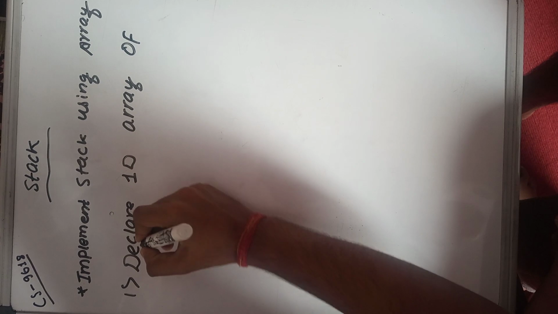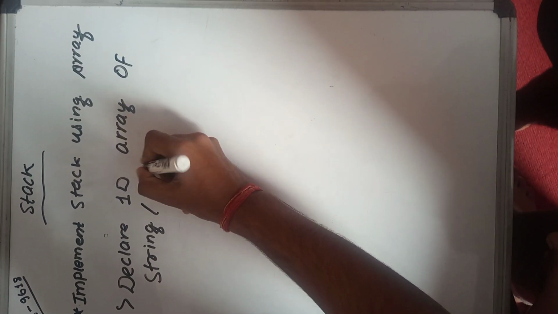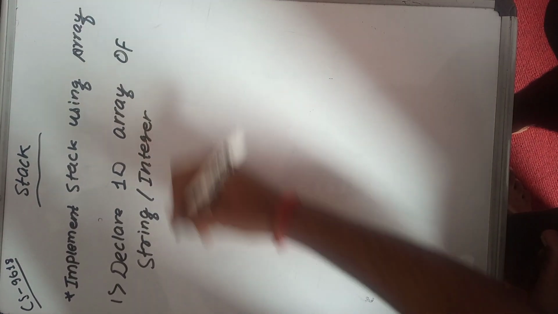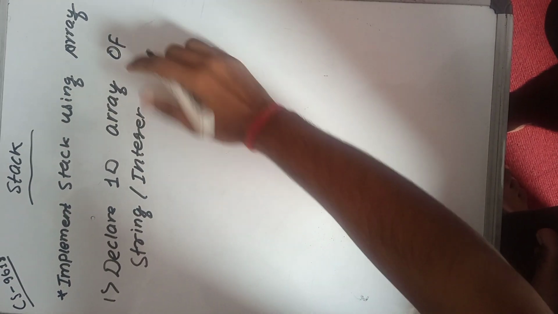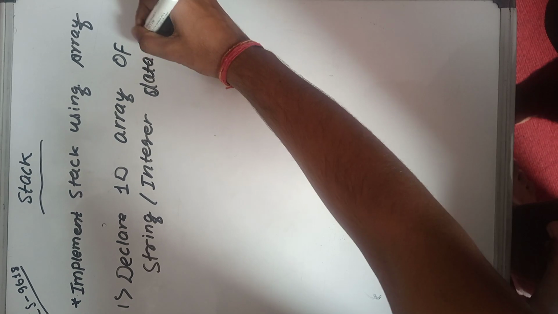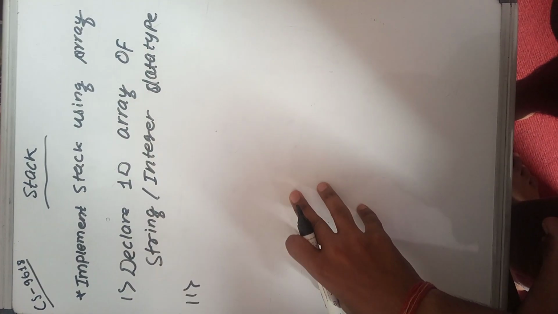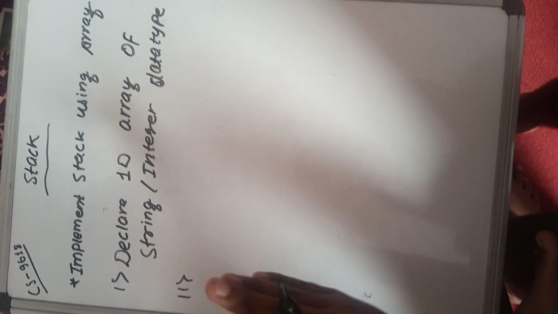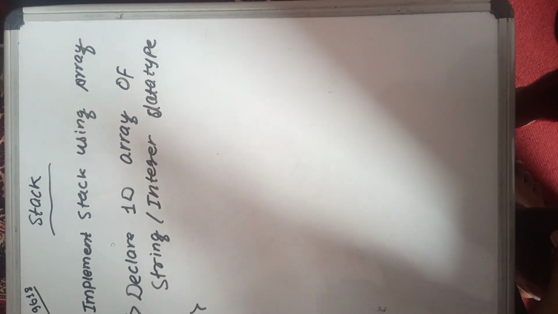You can use integer also, your wish, or if the question specifies, then you should use the data type the question specifies, string or integer. Now the second one: we should know the total number of elements the array will contain, which is the total number of elements the stack has.